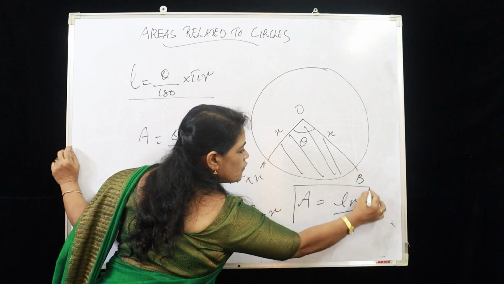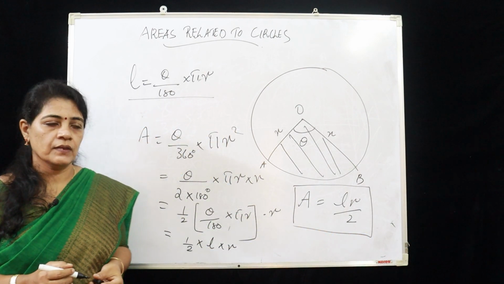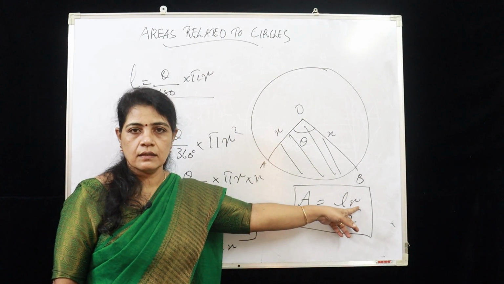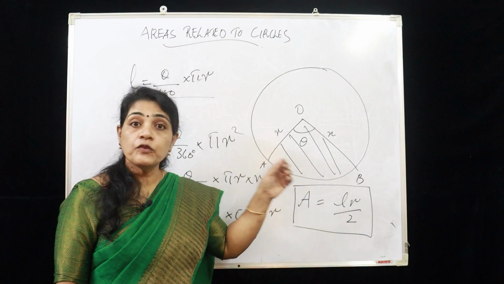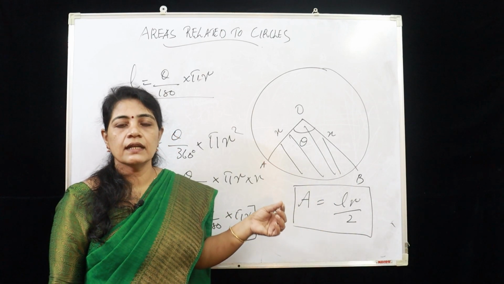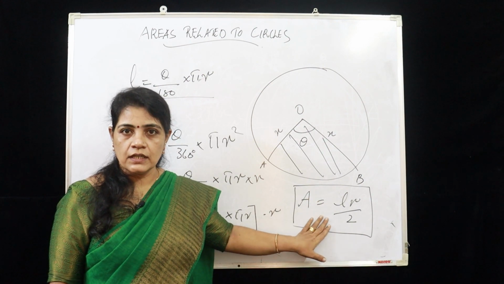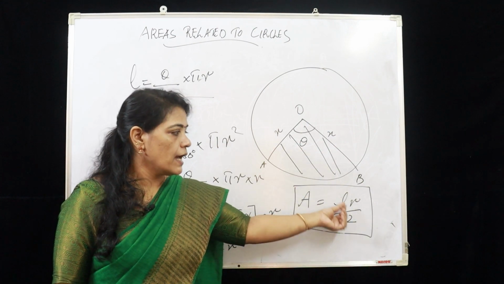This is another formula for calculating the area of a sector. Here L is the arc length, r is the radius, and 2 is a constant definitely. If you know the arc length and the radius of a circle, you can easily calculate the area of a sector. See, this formula is free from the angle measurement.